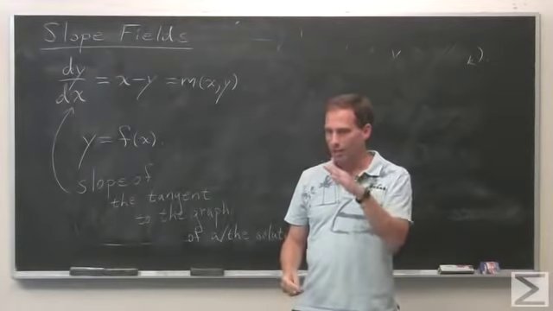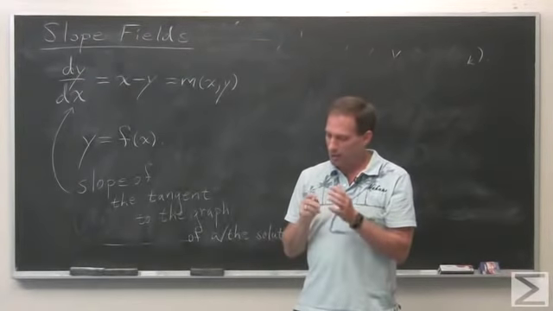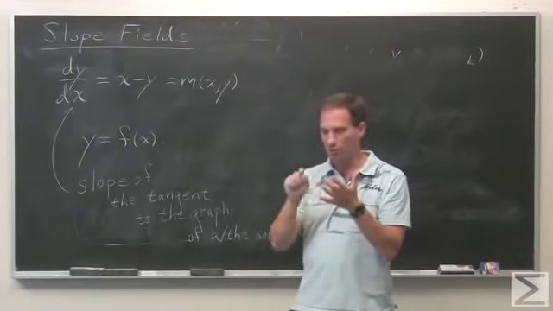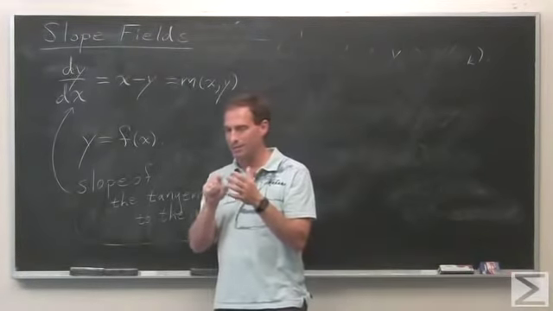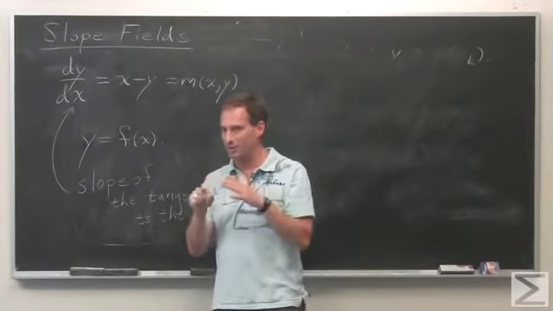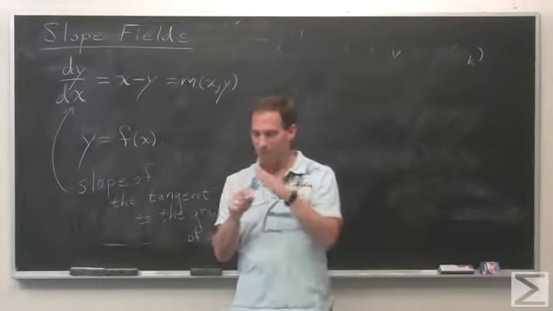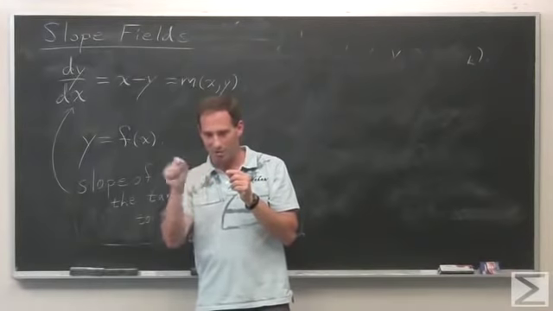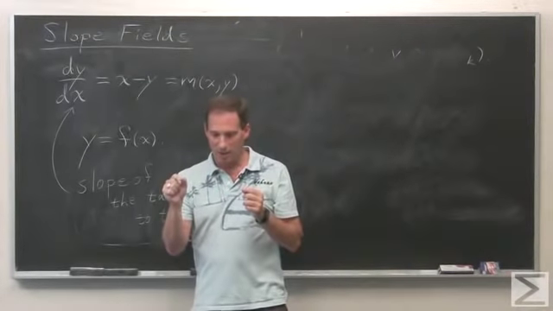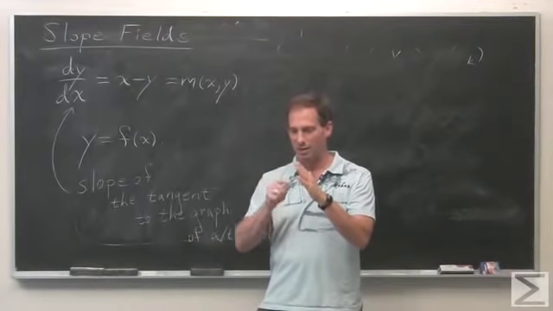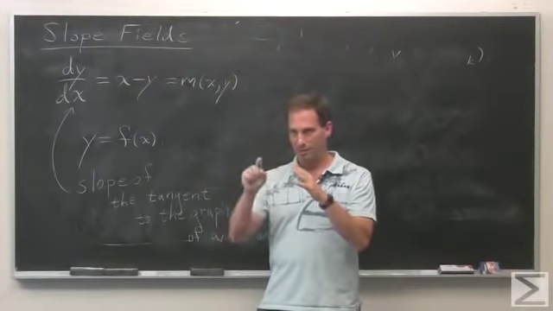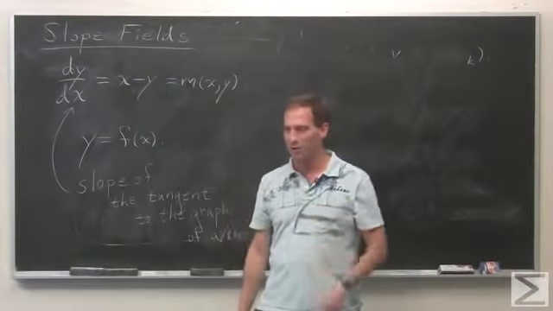You have all these little line segments with some slope, and you want to draw a smooth curve so that every time it hits one of those line segments, that segment is tangent to the curve. The segment tells you which way the curve should go. Of course, there are a lot of empty spaces in between, so you have to estimate a slope in between as you draw the curve.